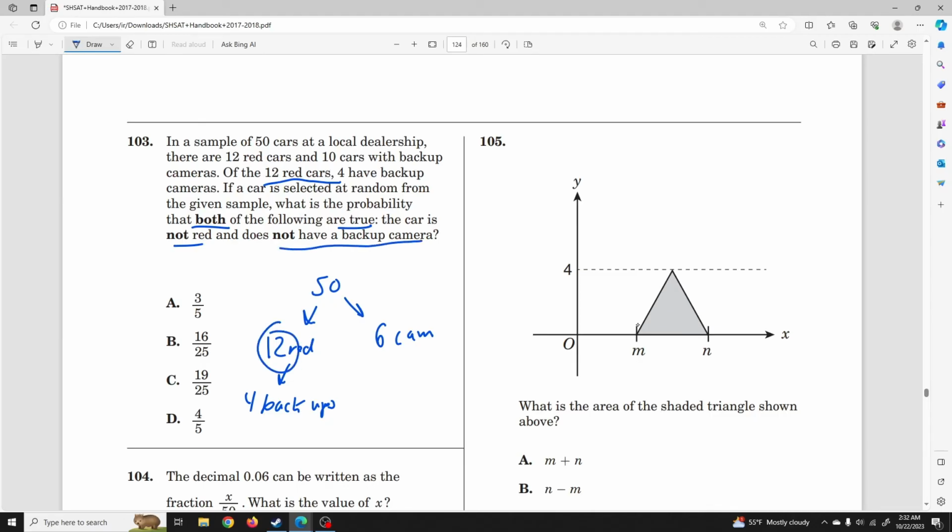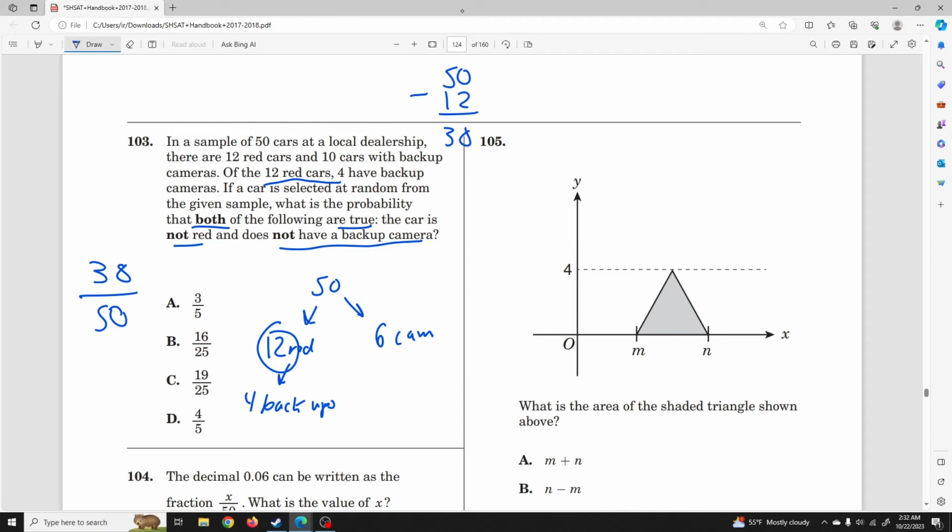So once again, it's probability, so it's part of a whole, right? So our part is going to be the number of cars that aren't red and don't have backup cameras. So how many cars aren't red? Well, we know that 12 cars are red, so 50 minus 12 gives us the amount of cars that aren't red, so that's going to be 38. So 38 cars are not red, right?